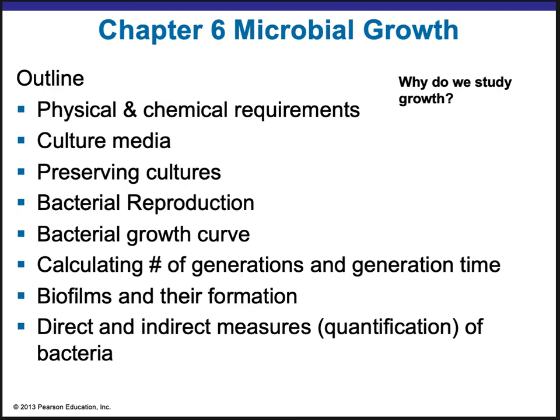And other industry and medicinal manufacturing. So by understanding these components of microbial growth, it allows us to do all of these different things. Okay, so here's a basic outline of what we'll be talking about for Chapter 6, and let's get started.